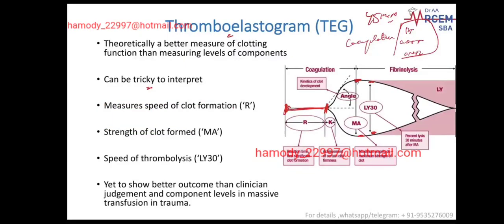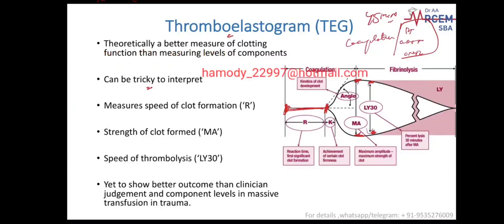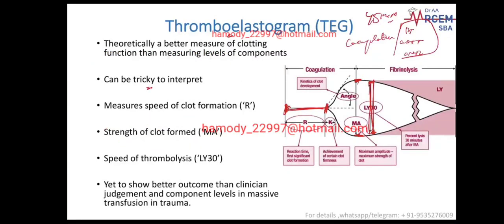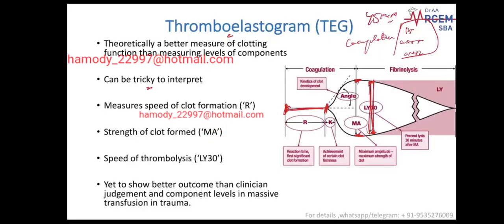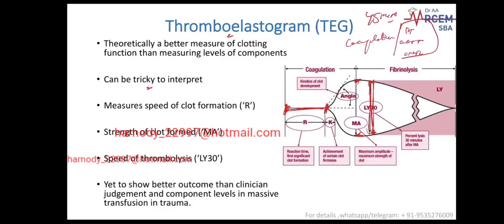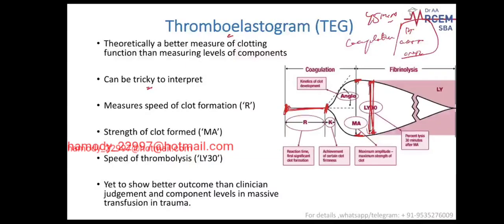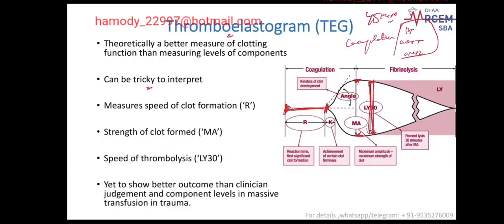Okay, this is the strength of clot. Sorry, this is the strength of clot. The speed of thrombolysis is from here to here. So it becomes very difficult to pick it up. As I told you, clinically it is difficult to interpret. But having said that, it is being used in a few of the trauma centers in the NHS. They might start using it in all the centers in the future and might not.